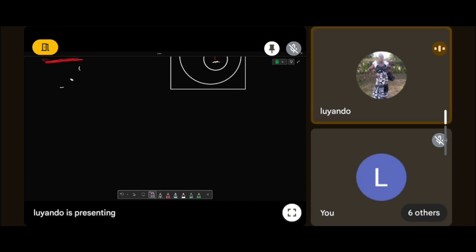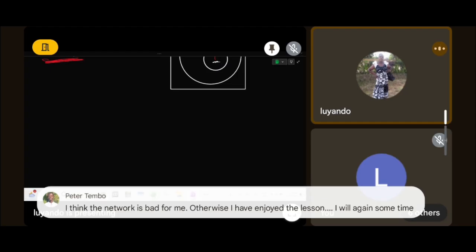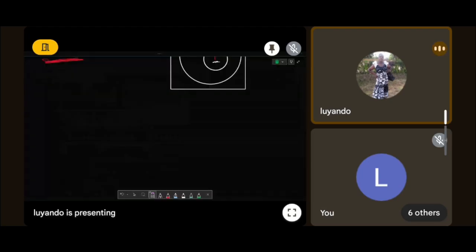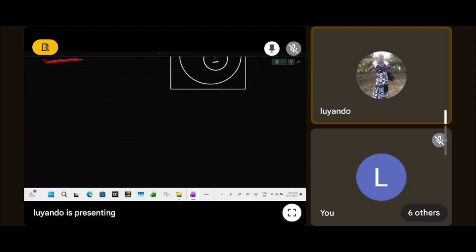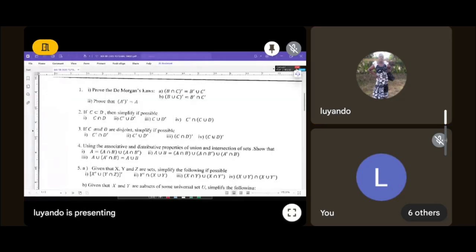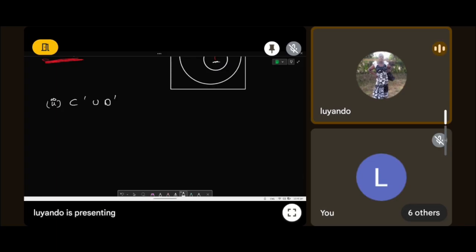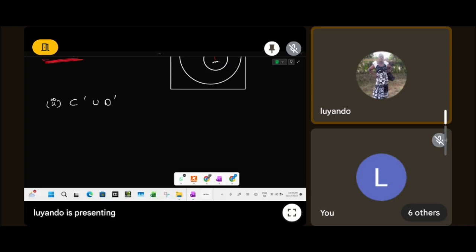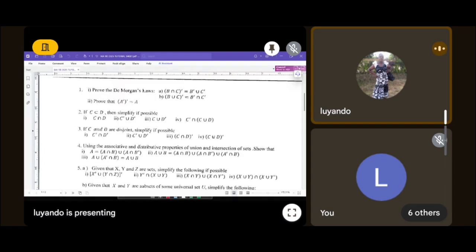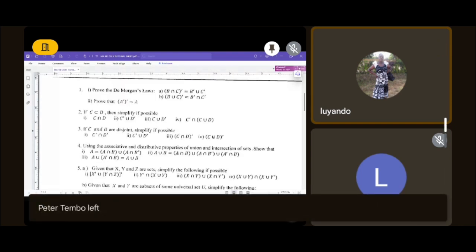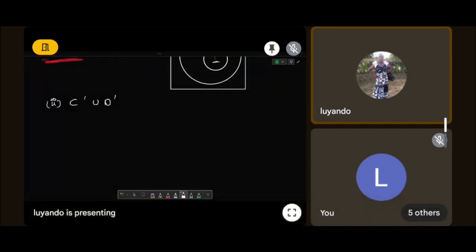Let me also go pick the other one. The other one is this one. It says C complement union D complement. I hope I haven't made a mistake. Okay, yeah, it's exactly like I've written it.